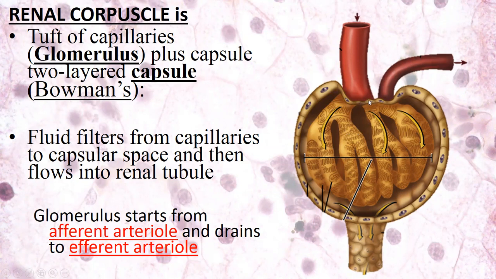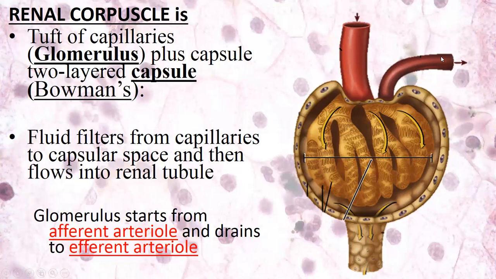So two arterioles and capillaries between them, it's called rete mirabile arteriosum, or wonderful network of the capillaries between two arterioles. And another feature of the blood supply of this capillary bed is that the arterioles have very different diameter. Here we can see afferent arteriole, which carries blood to the capillaries. It has a much bigger diameter than efferent arteriole, which collects blood from the capillaries and carries it away.